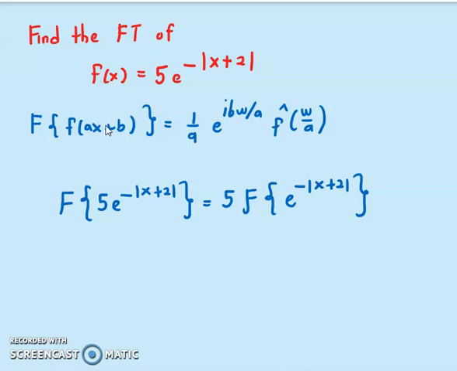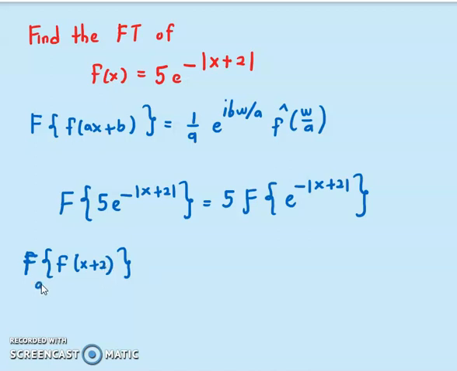Now my function here has x plus 2, so we're going to find the Fourier transform of f(x + 2).